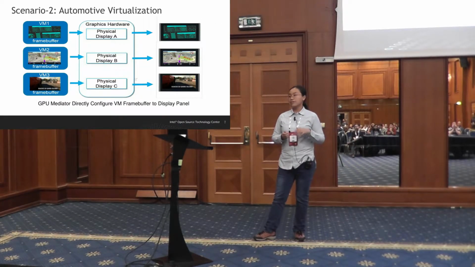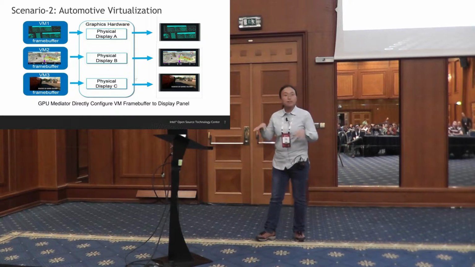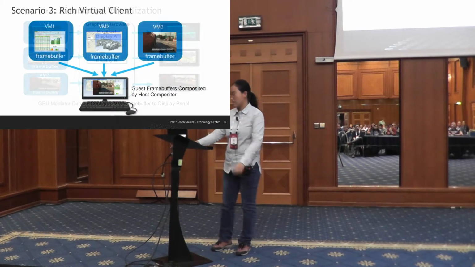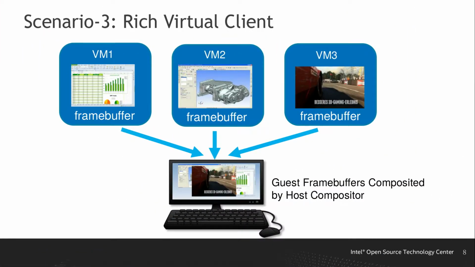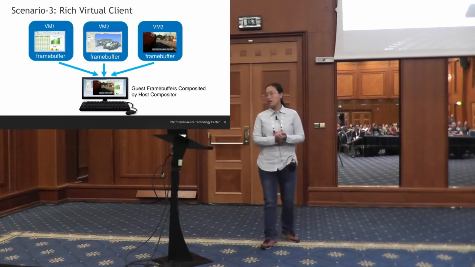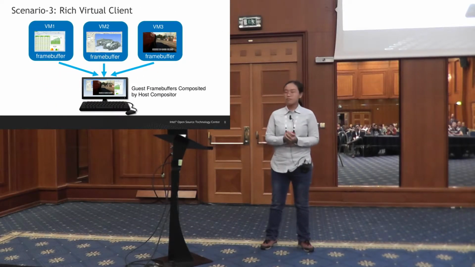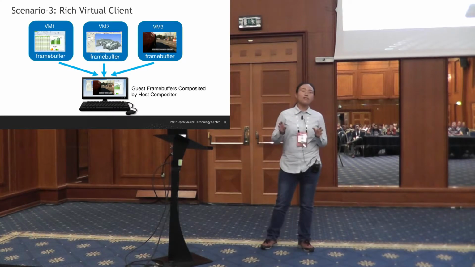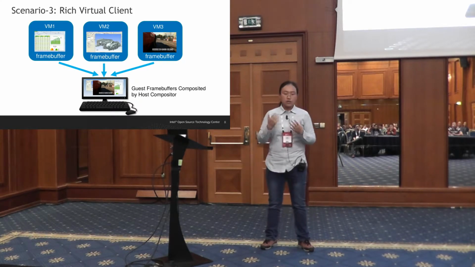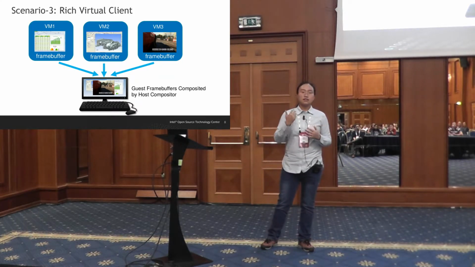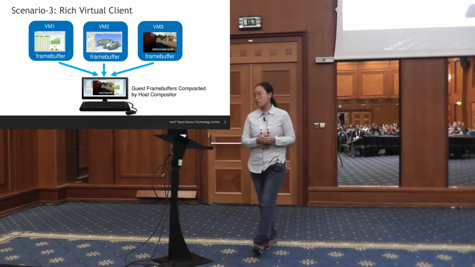The host GPU mediator may directly configure the guest frame buffer to the local display panels. The third scenario is in the client. A host compositor may map the guest frame buffer into a surface, which can be composited into some fancy effects through OpenGL.